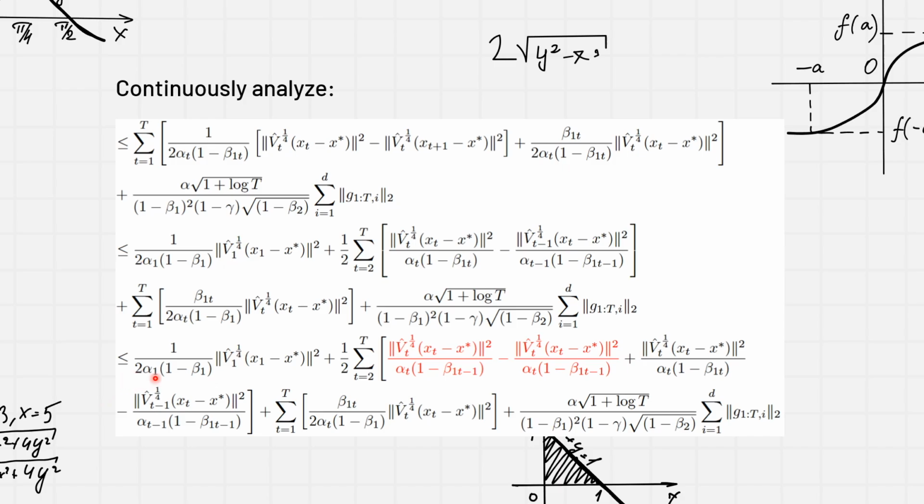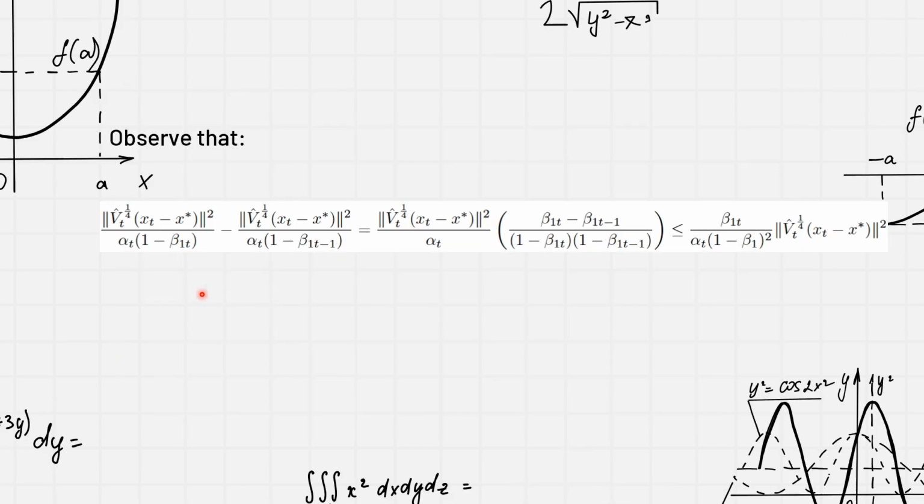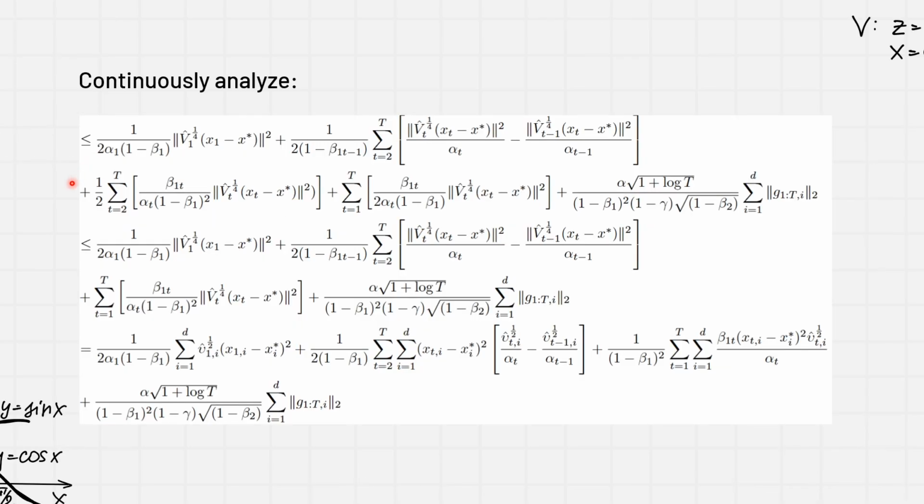And in this inequality, we add and then subtract the same variable here, and try to put this and this term together. And for the other two terms we derive the upper bound. Then we can see that two terms we put together are left here, and the other two terms' upper bound left here.